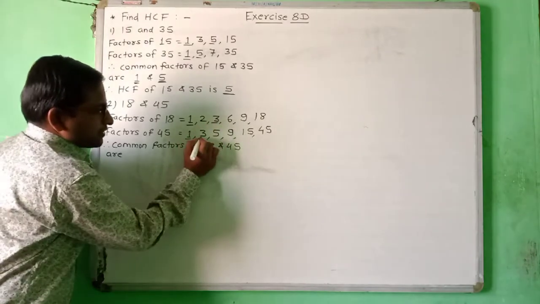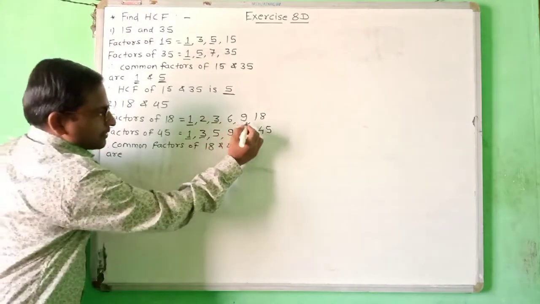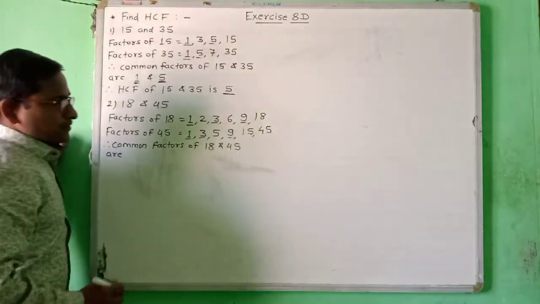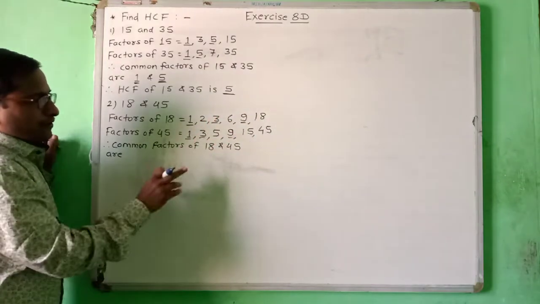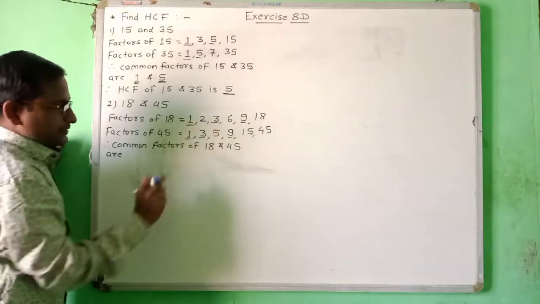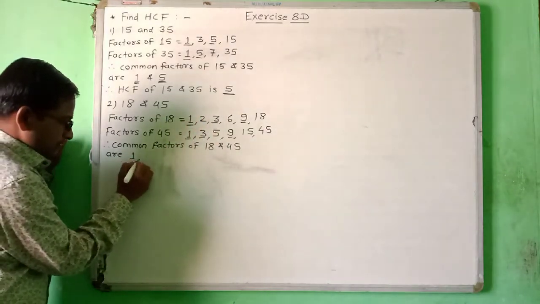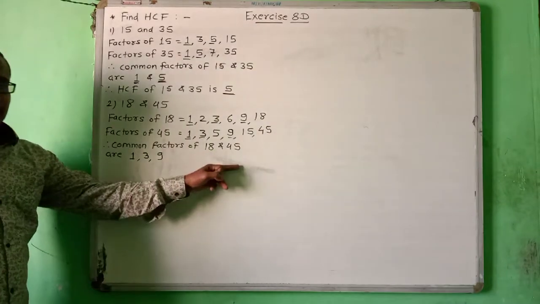Next 3 is present in both the numbers. Then 9 is also present in both. 6 and 18 are not common. Only 3 common numbers here: 1, 3 and 9. 1, 3, 9 are the common factors of 18 and 45.